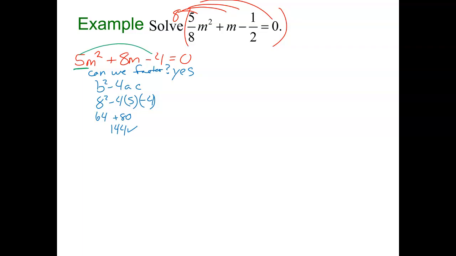There you go. What does that give me? -20. Okay. And it gives you like this weird answer that you have to do something with. Prior knowledge. What gives me a product of -20 but a sum of 8?